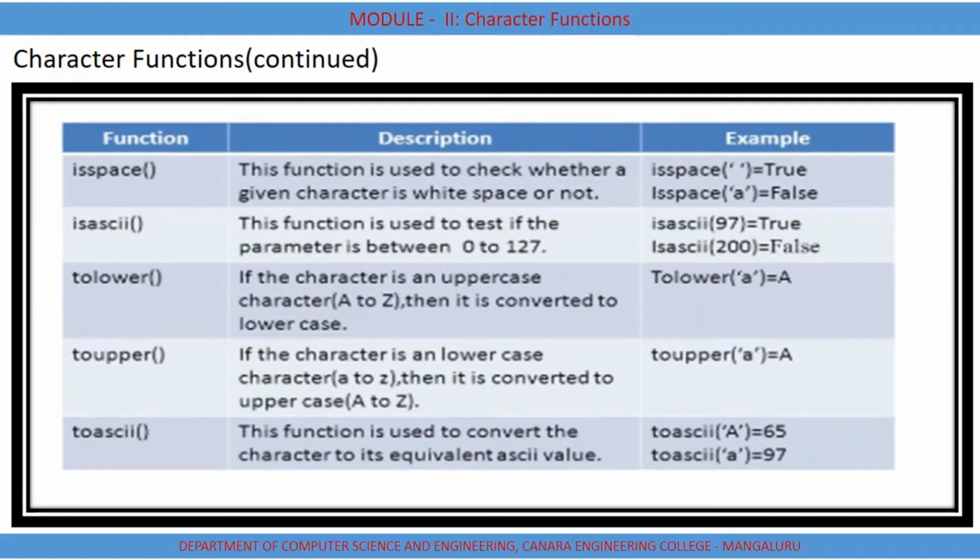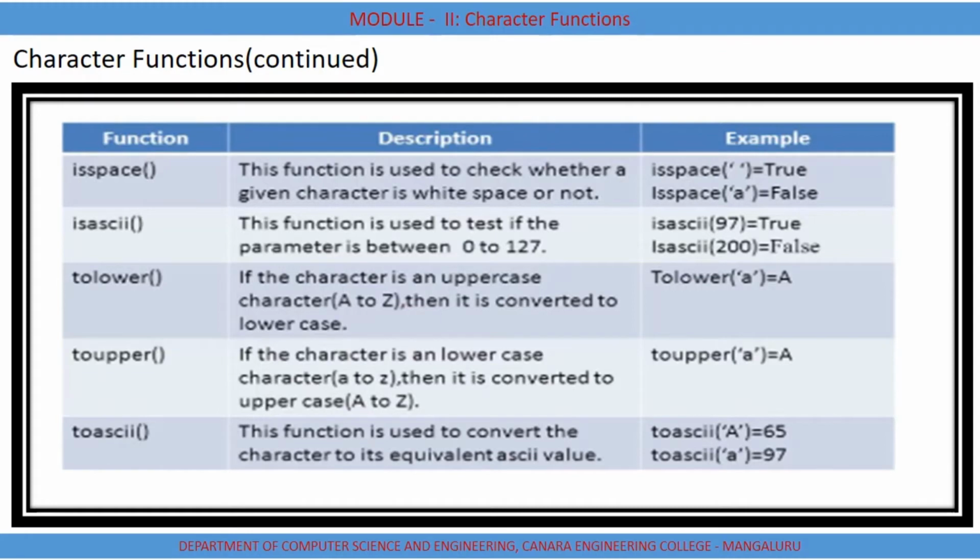Next function is isspace. This function is used to check whether a given character is white space or not. If white space is entered, then this function will return true. If anything other than white space is entered, then this function will return false. Next is isascii. This function is used to test if the entered character is an ASCII code.